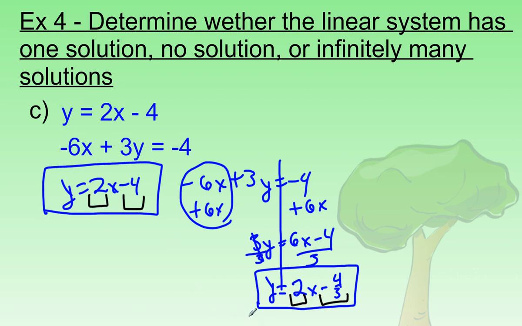They have the same slope, so they're either parallel or overlapping. Intercept, this one's crossing the y-axis at -4, the other one's crossing the y-axis at -4/3. So that's not the same thing. Therefore, these two are parallel, and there is no solution.